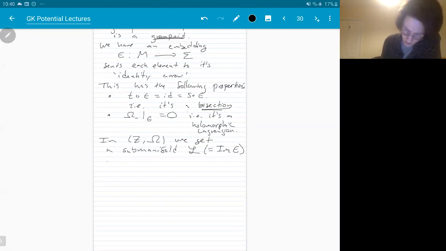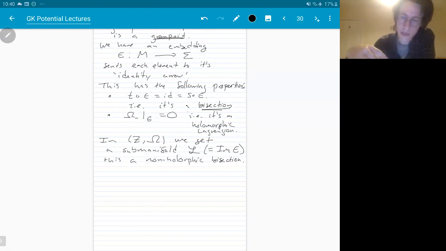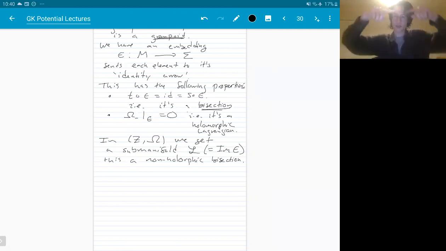And this is a non-holomorphic bisection. Originally it was a holomorphic Lagrangian, but we deformed the symplectic structure and the complex structure, so it's no longer holomorphic or Lagrangian, but it's still a section of the two maps.